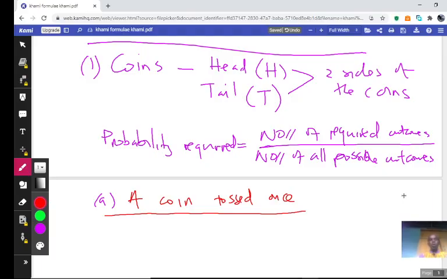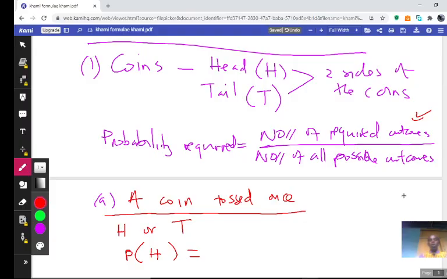There are two possible outcomes. It's either you get a head or you get a tail. Then the probability of getting a head, based on our formula, is the number of required outcomes over the number of all possible outcomes.